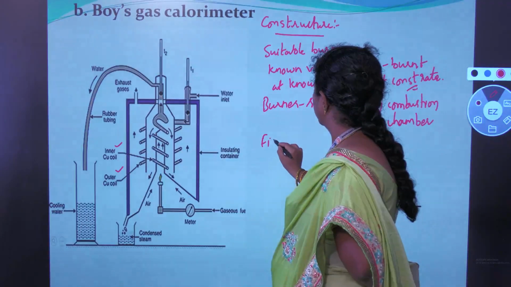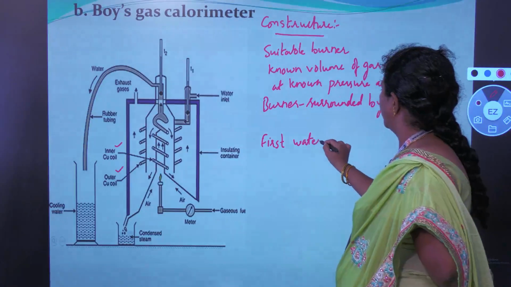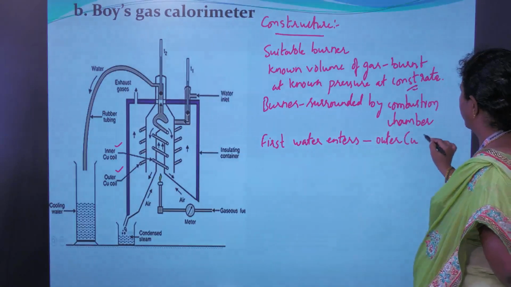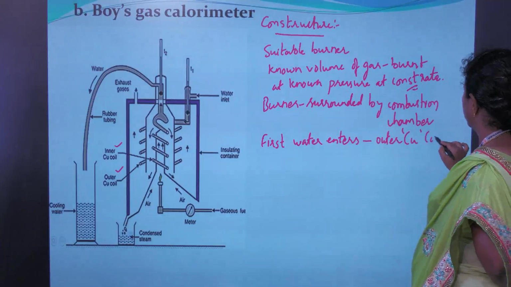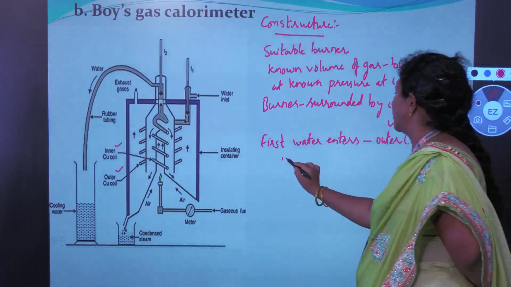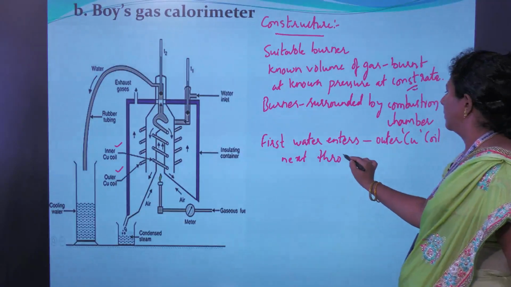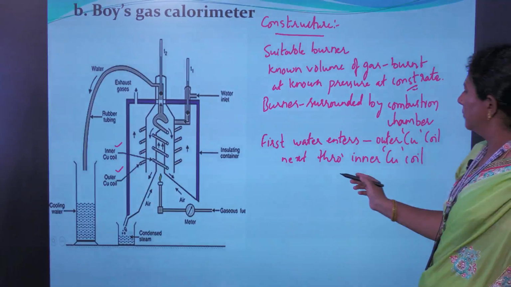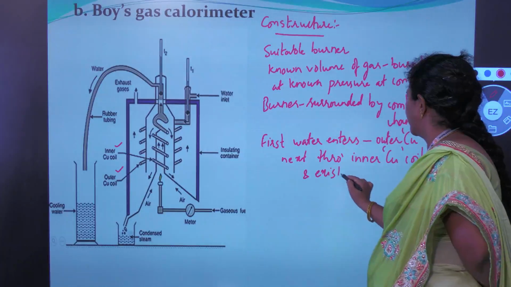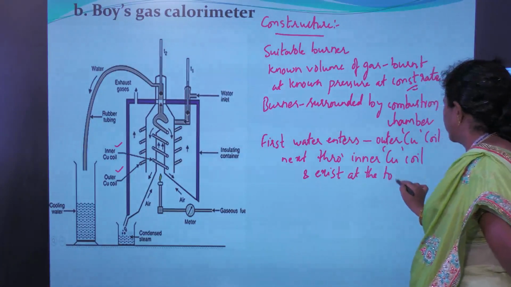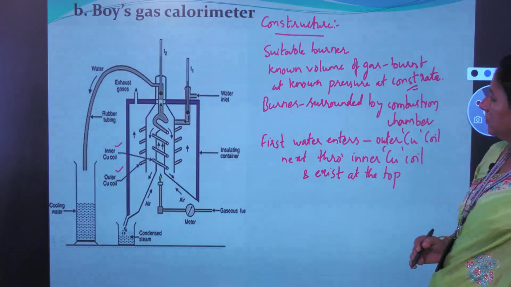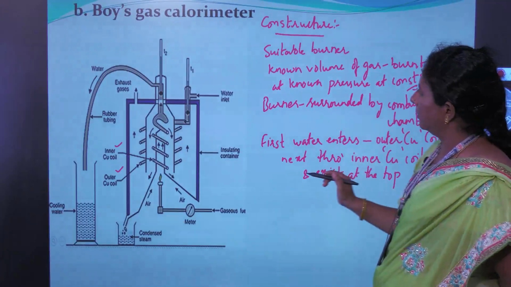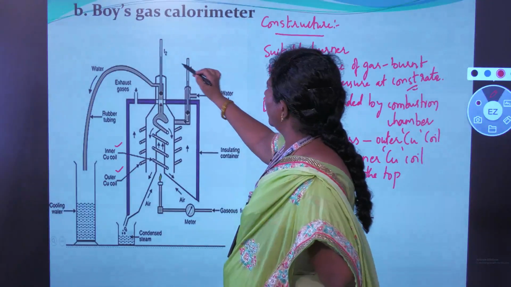First, water enters into outer copper coil, next through inner copper coil and exit at the top. Here the thermometers T1 and T2.